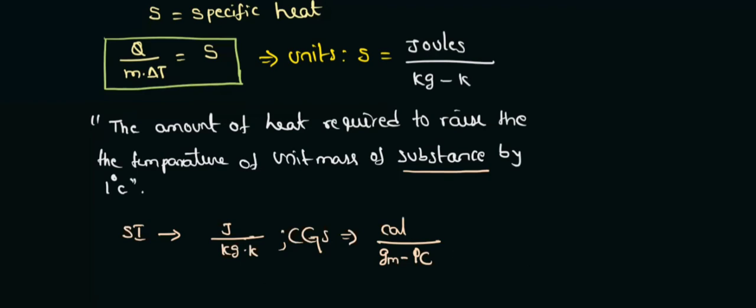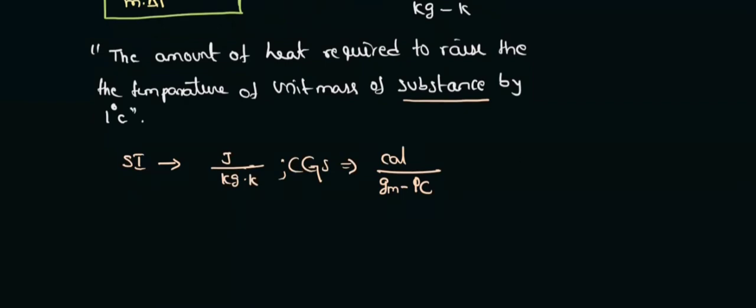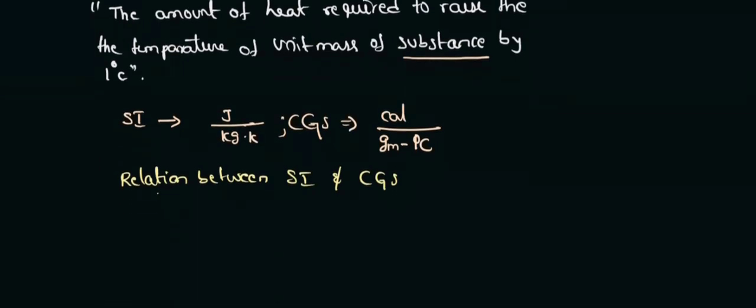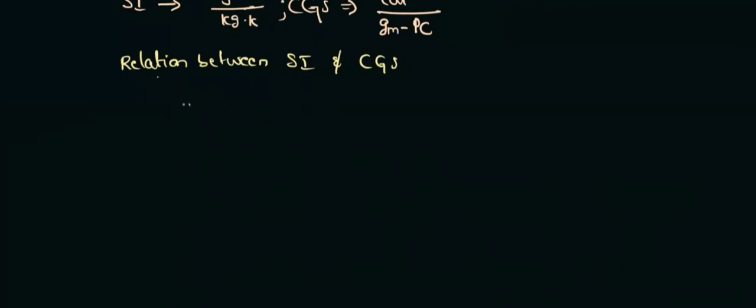Whenever SI and CGS units come, it is conventional to think about the relation between the two. Let us see the relation between SI units and CGS units. Calorie per gram degree Celsius equals, 1 calorie equals 4.186 joules.